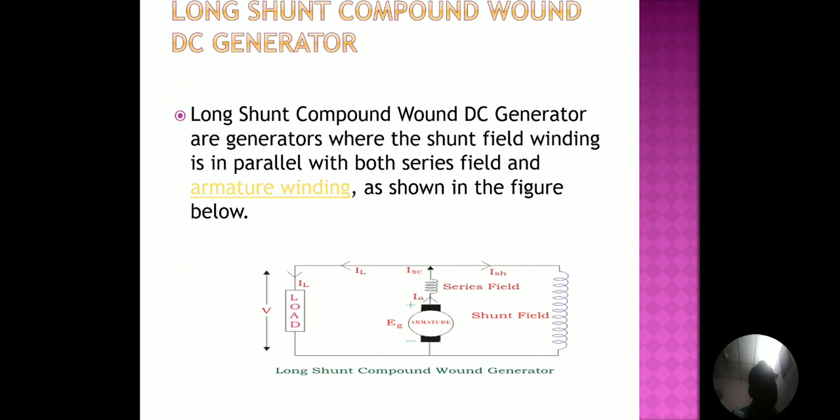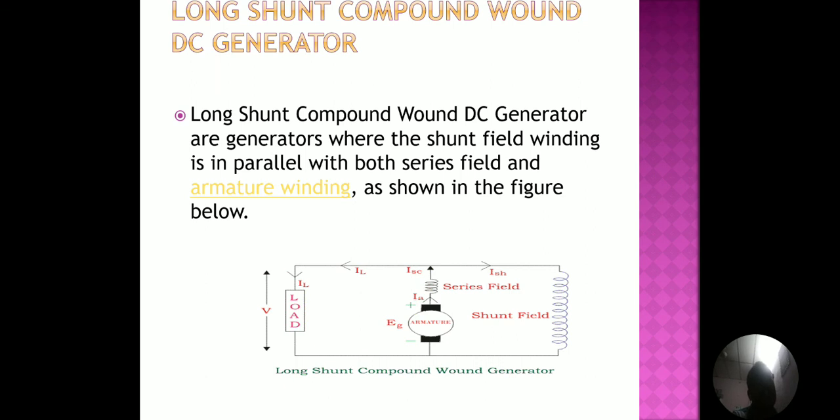And here we can see the long shunt compound generator. In this one, the shunt field winding is kept in parallel with both series field and armature. And the equations can be given as shunt field current ISH is equal to V by RSH, where V is the voltage and RSH is the shunt resistance.